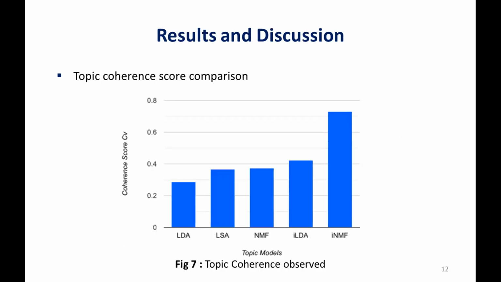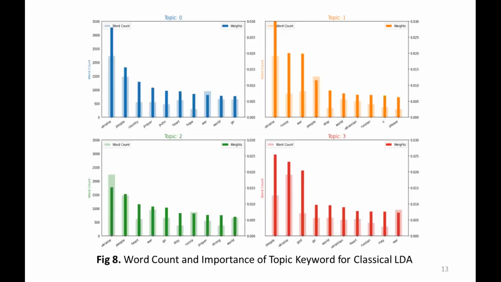In the results, this figure shows the previous techniques' topic coherence values. All the previous techniques like LDA, LSA, and NMF have topic coherence below 0.4. But with our approach, the iterative versions of LDA and NMF, we are getting up to 0.7 topic coherence.